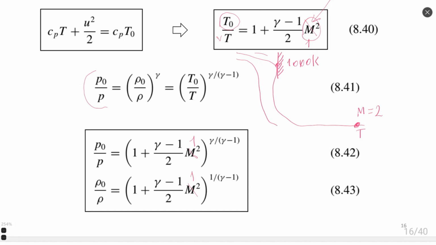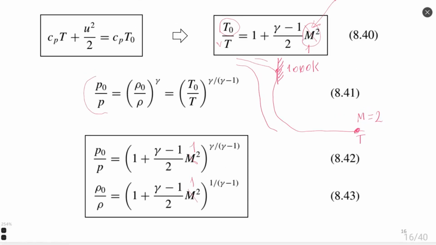This is my characteristic point, the throat of the nozzle, or any other conditions where Mach equals 1. In this case, the right part of equations 40, 42, and 43 becomes constant. It just depends on gamma, the adiabatic constant, so it is a value which will never change. It means that the right part of this equation, the pressure, density, and temperature ratio, will also stay constant and will not change.